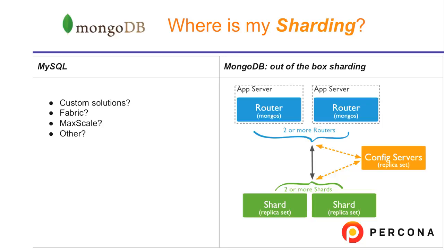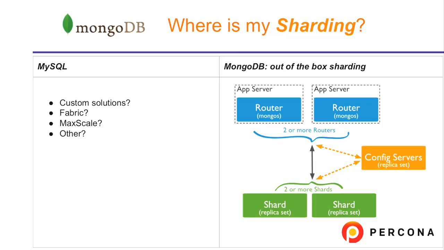Plus, we need 3 config servers. In the latest version of MongoDB, config servers are actually also a replica set. So 3 config servers for redundancy. If you think about it, config servers are one of the most important parts of this setup.